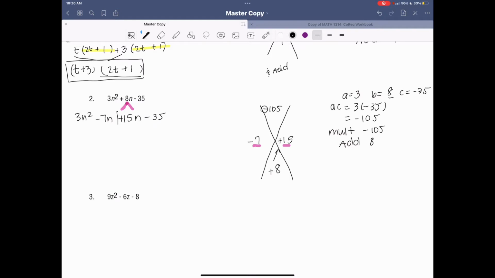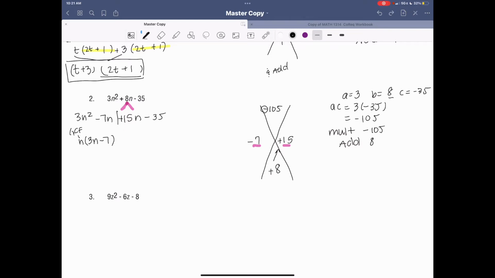So I look at the first half and I try to find a GCF out of this group. My GCF here is going to be n. So I'm left with 3n squared divided by n is 3n. Negative 7n divided by n is negative 7. And then my GCF is n.